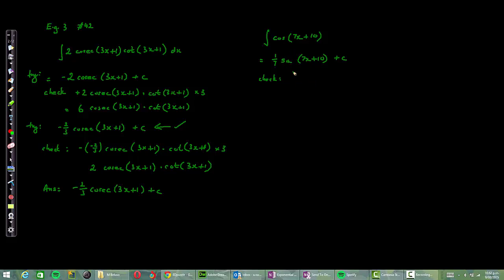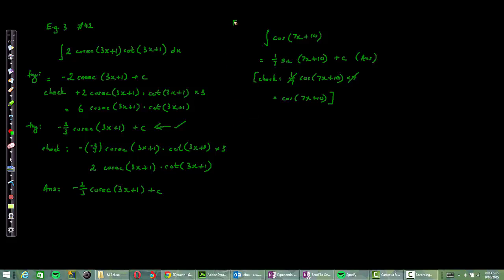The derivative of this would be 1/7 cosine(7x + 10) times 7. Yeah, they certainly cancel, and we do get cosine(7x + 10), which is our original function. So this is correct here. What I would do in my working is perhaps set it out that way and make clear, perhaps not with a tick, which might be a little presumptuous if it was in the exam, that this is my answer.